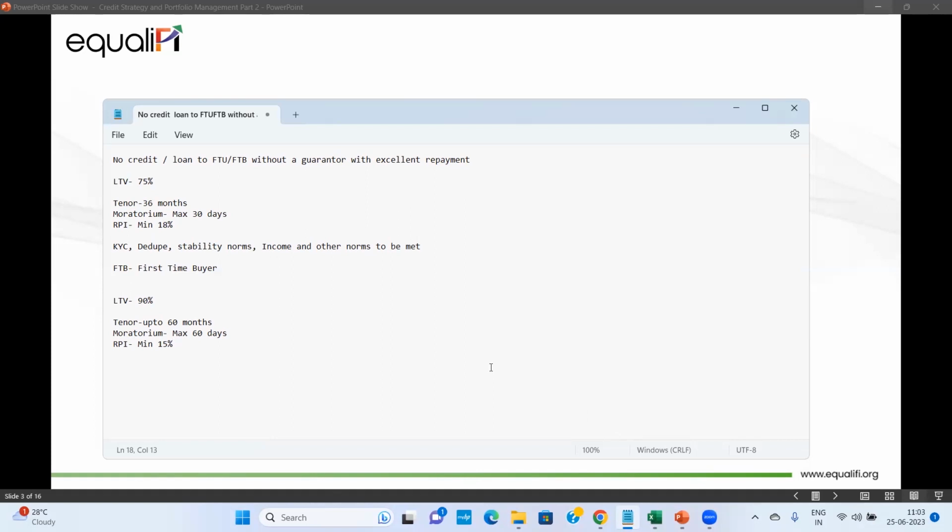Now, my point is, moratorium is basically the difference in days between the disbursement date and the first EMI date. This is the moratorium, right? You cannot say it is credit free. Interest is charged on moratorium. Remember this: the day you disburse the money, interest gets charged. But yes, that interest is clubbed into the first EMI.